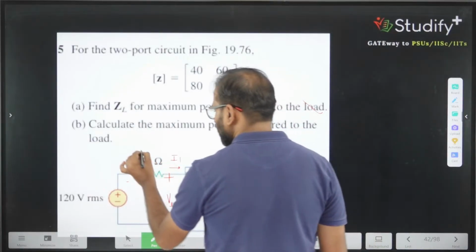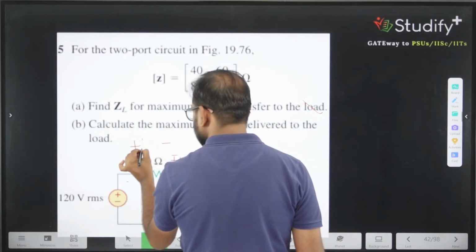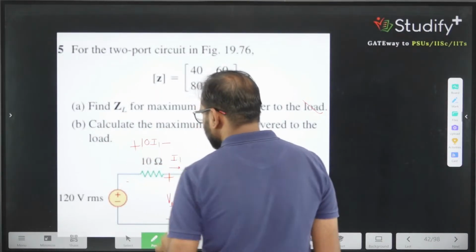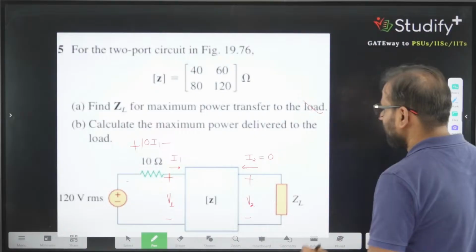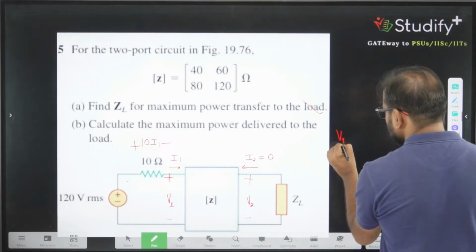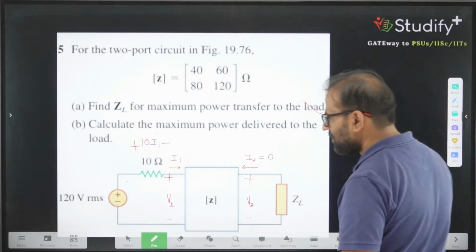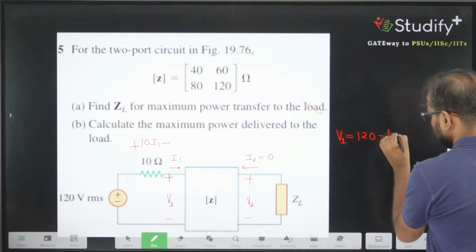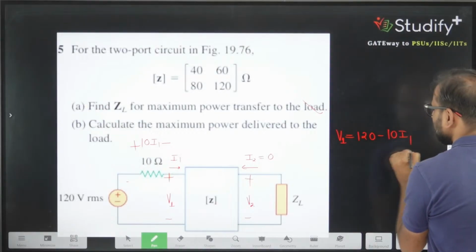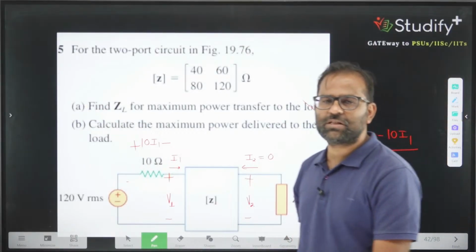So what is the potential drop here? The potential drop here is 10 times I1. So the value of V1 for the circuit is 120 minus 10 I1. RMS value is given, that's why we will get the RMS value of the Thevenin's voltage also.